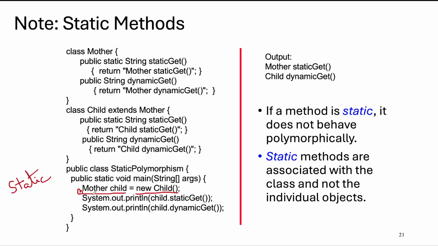Choose the class which is on the left hand side. If it is a non-static method, visit the function of the right hand side. Okay, so let me redo the things. Static, non-static.